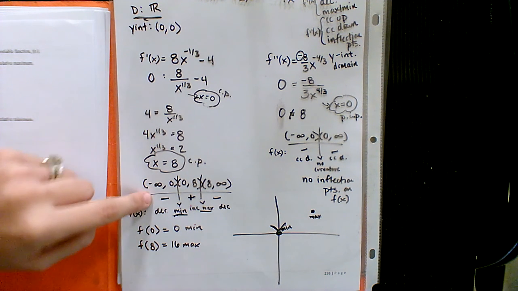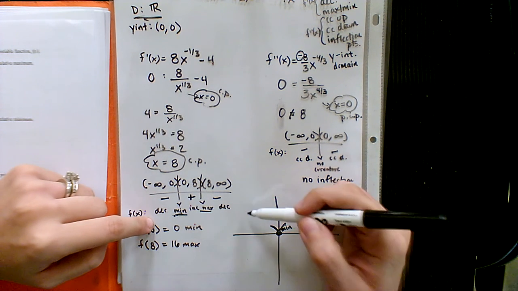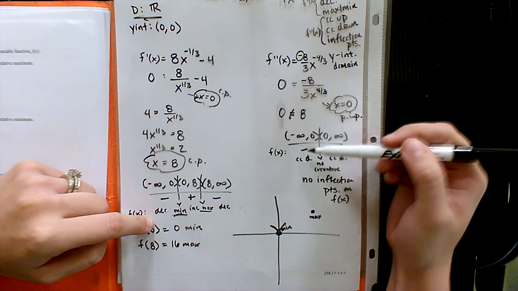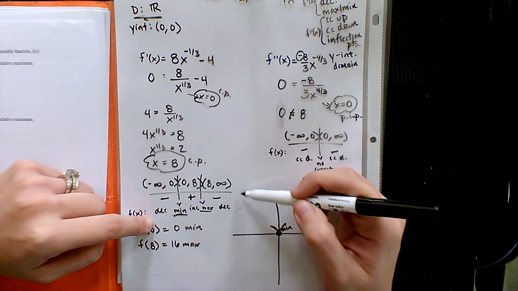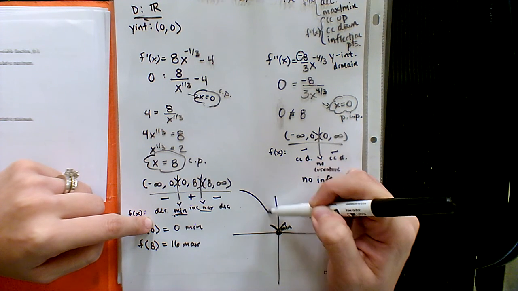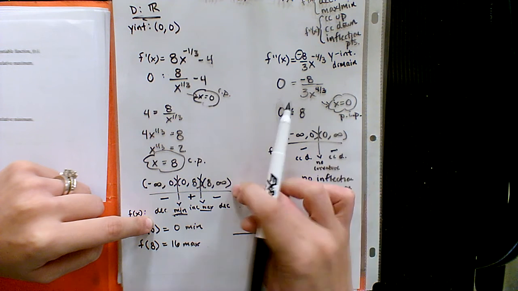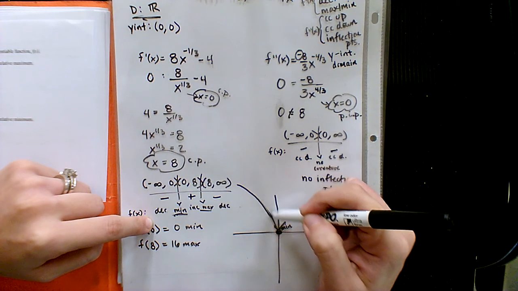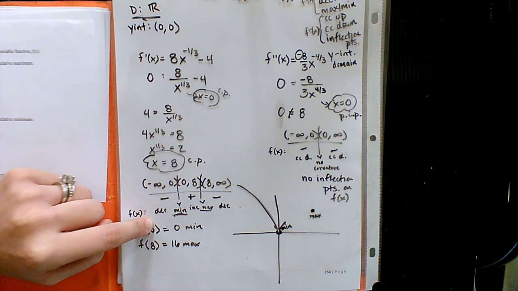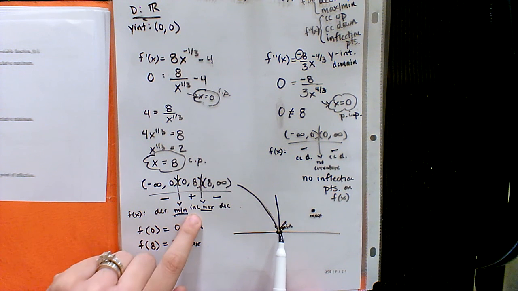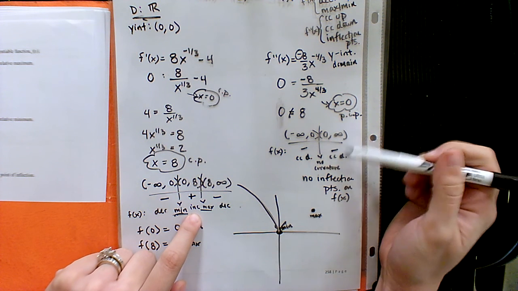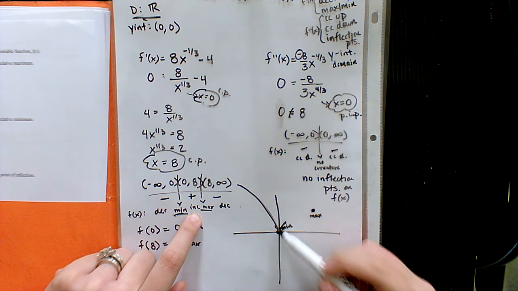Okay? So let's see. From negative infinity to 0, we should be decreasing, but also concave down. So something like that. Decreasing, concave down. After 0, which was a minimum, we should be increasing, but also concave down.